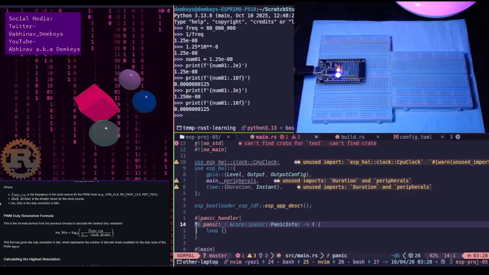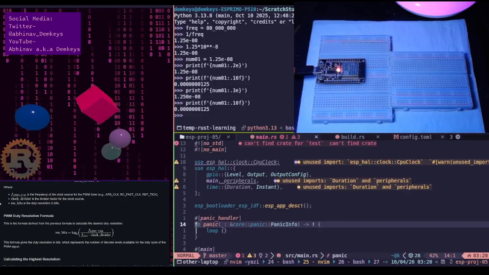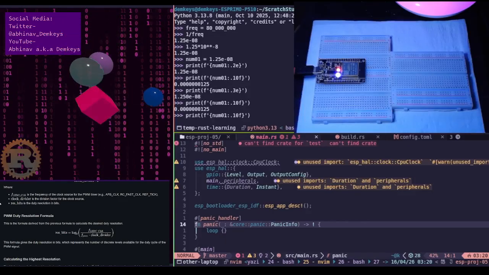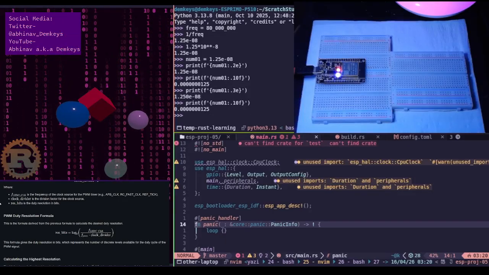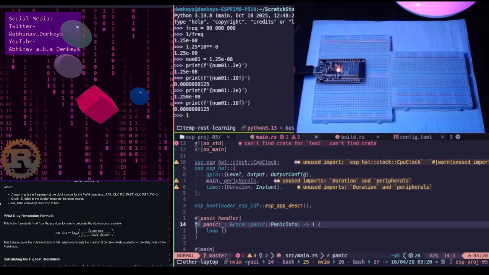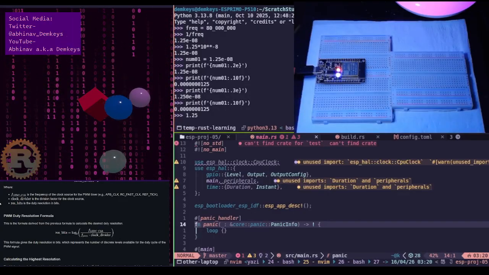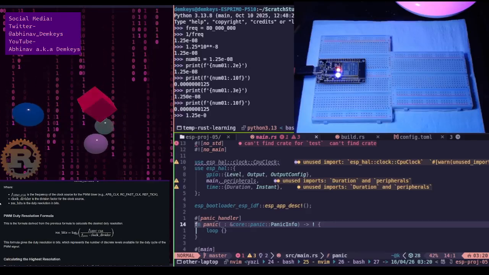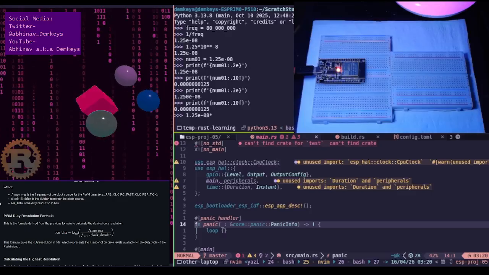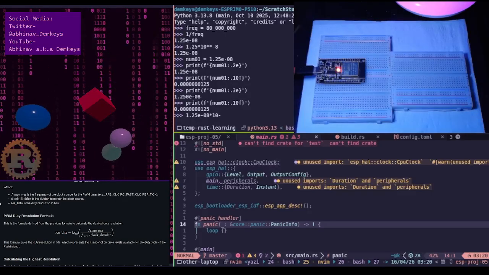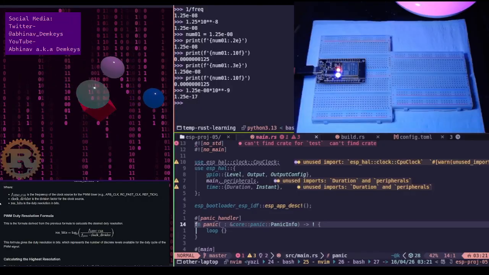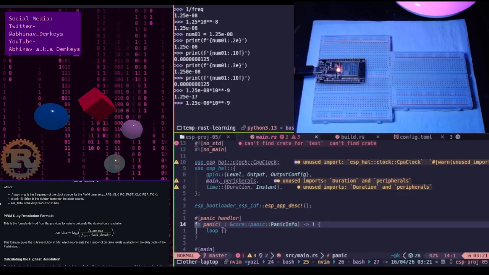This is being presented as 1 second already. I don't know if this is being done right. Hold on. 12.08 multiplied by 10 to the power negative 9. That just made the situation worse.